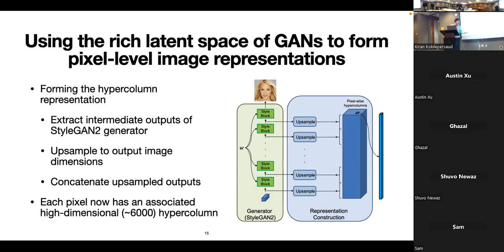In our work, these come out to be roughly 6,000 dimensional. You can play around with keeping only part of the vector, but essentially now each pixel has a very large feature vector that contains a lot of rich semantic information about that pixel.